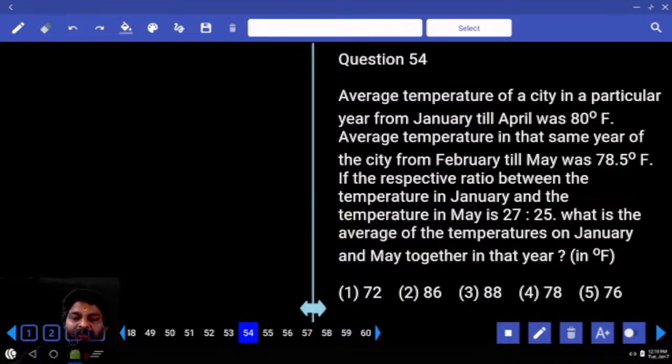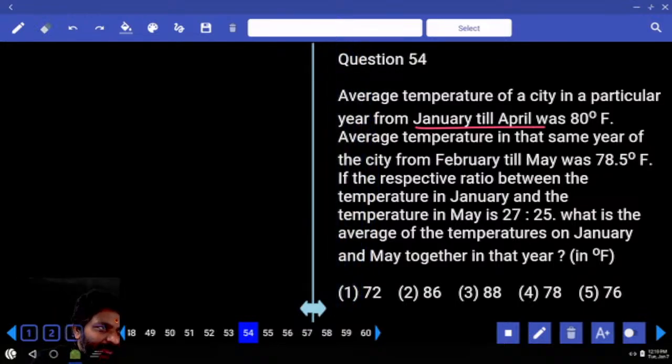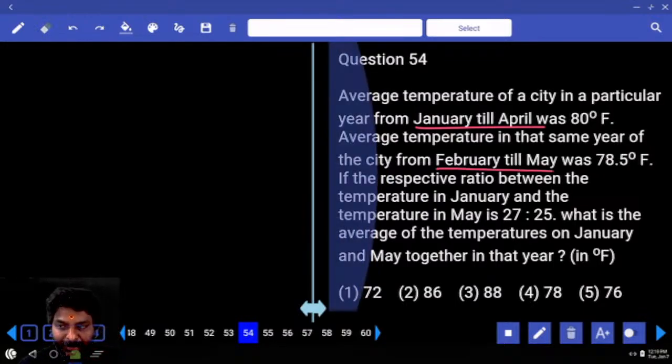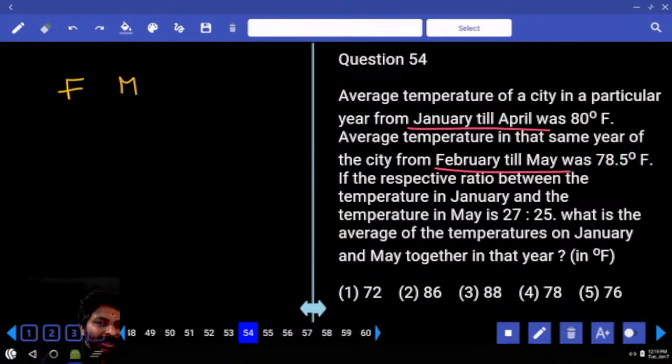If you want to calculate January to April, how many months do we have? February to May, how many months? 4 months, correct? Common months are February, March, April. Here we have January, and in the next case we have May.